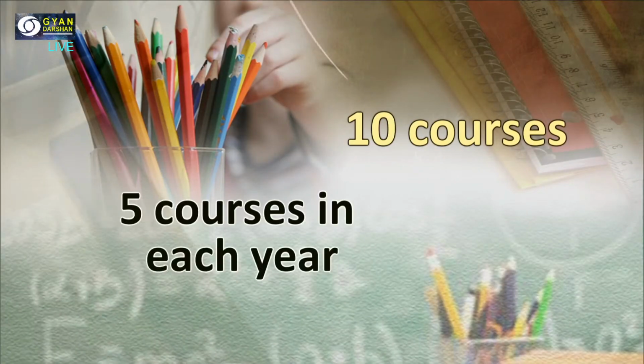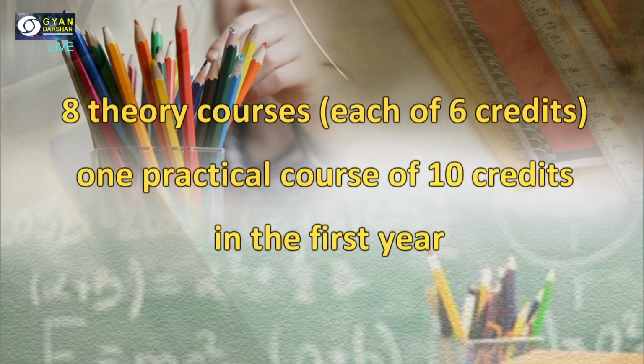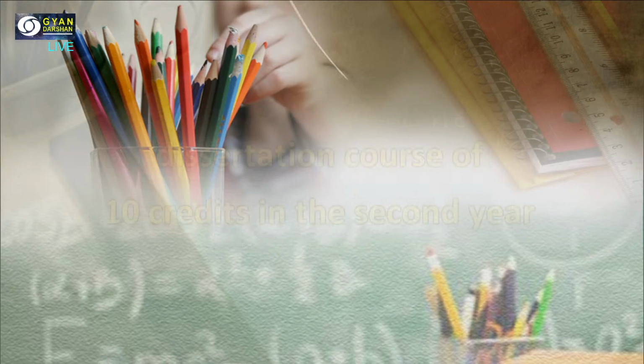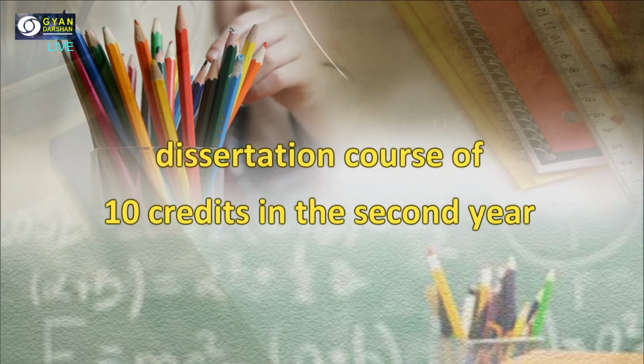MAAE program consists of 10 courses, 5 courses in each year: 8 theory courses, 6 credits each, and 1 practical course of 10 credits in the first year and 1 dissertation course of 10 credits in the second year.